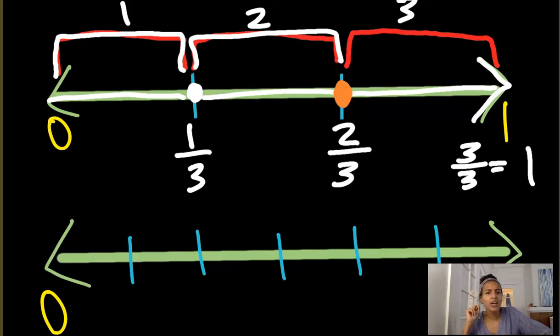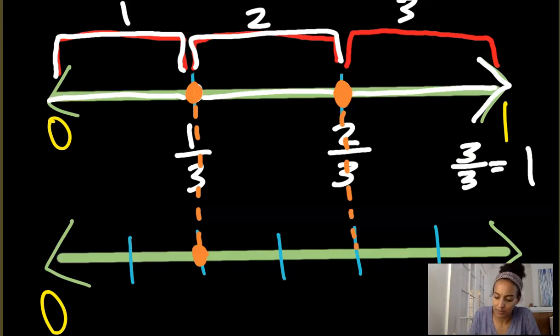But what I can do, if you notice, these lines on the first number line, starting here, line up to this point on the second number line. And then I see over here, this does the same thing.